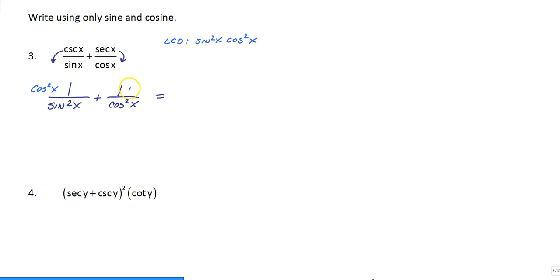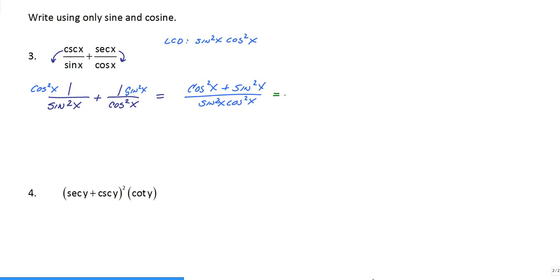This side's got the cosine, so this one needs a sine squared x. So we're going to add our 2 fractions, and we're going to have cosine squared x plus sine squared x all over sine squared x cosine squared x.